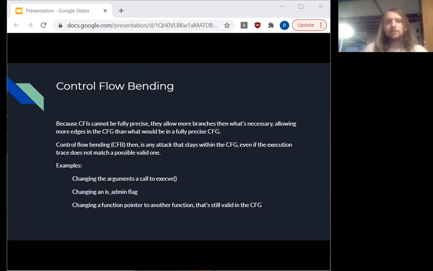Even if the particular stack trace, the execution trace, does not match what is a possible valid one, as long as it's still within the graph, CFI isn't going to catch it. And so any attack that is able to stay within the graph and is able to do something malicious, even if its execution trace isn't possible in the intended route, would be a CFB.